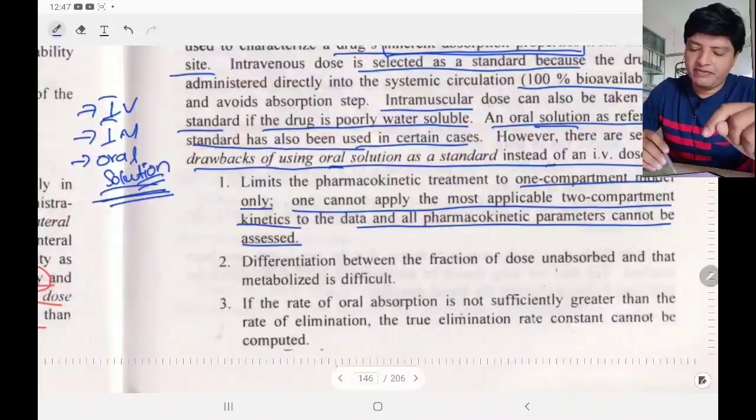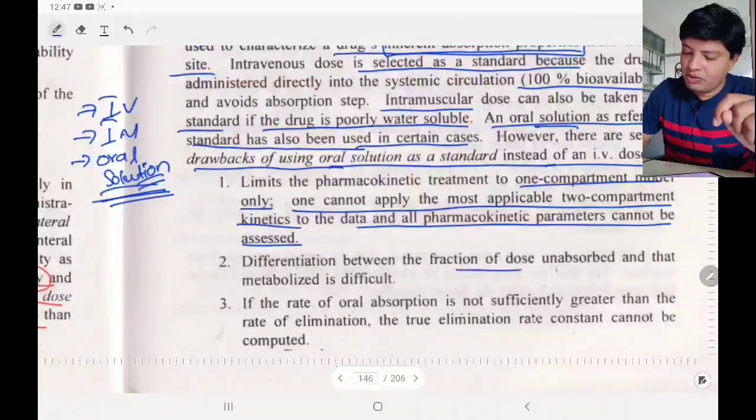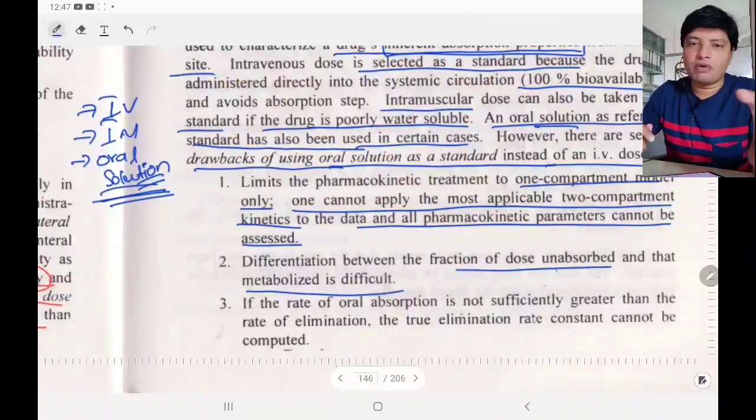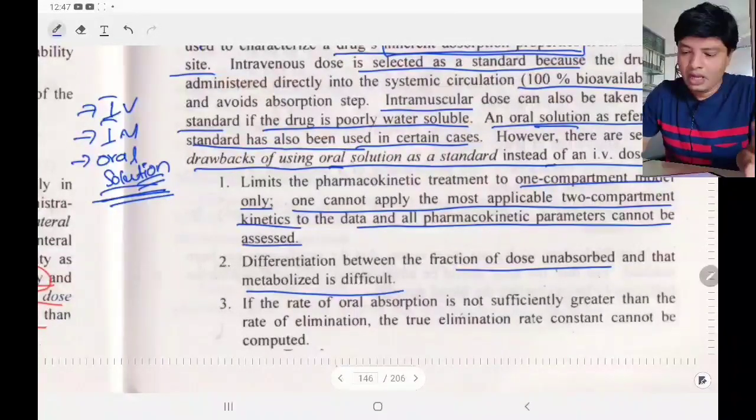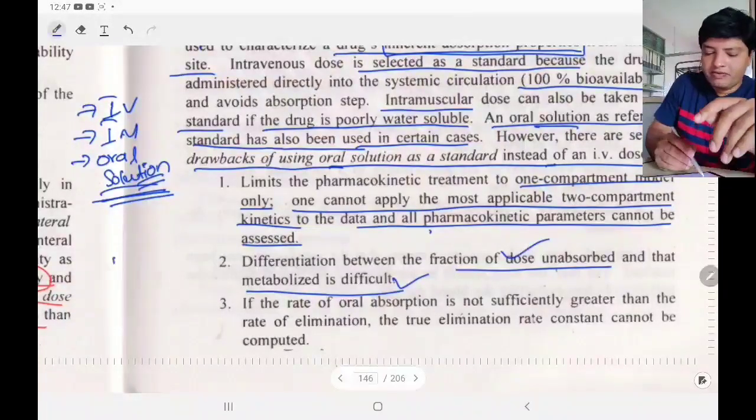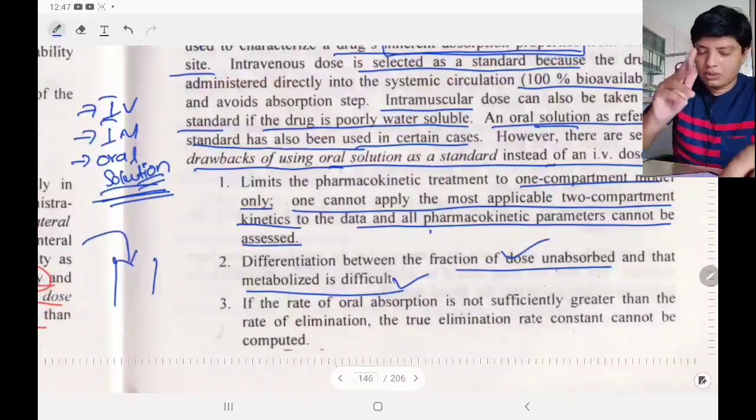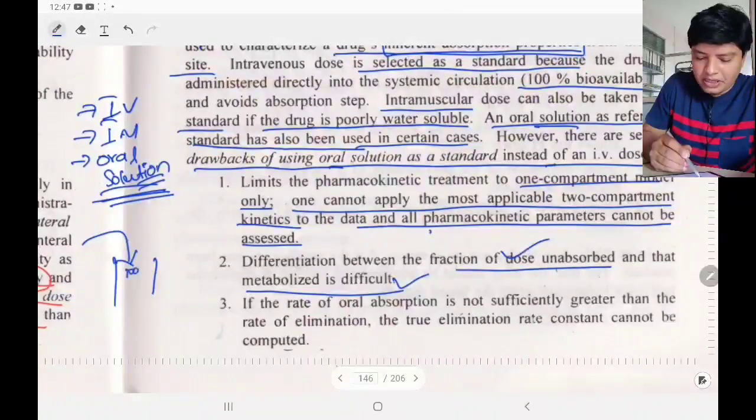Next, differentiating between the fraction of dose unabsorbed and metabolized is very difficult. See what happens if you give the drug orally. Two things will happen. If you give 100% drug, some of the drug is absorbed, some of the drug is metabolized.